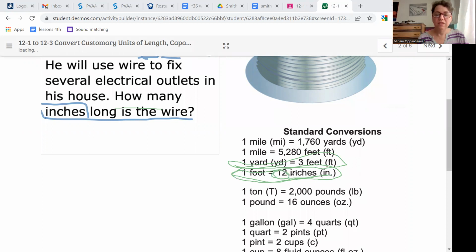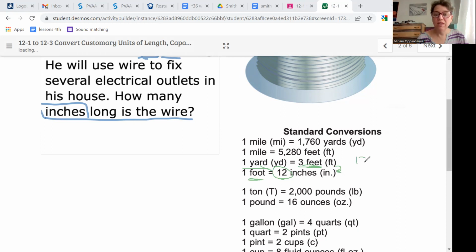So if it's 12 inches in 1 foot and 3 feet is 1 yard, what should we do? We need to make 12 inches be 1 yard. So it's important you know 1 foot and 3 feet, that's the same thing. So 3 feet is 12 inches. No, 1 foot is 12 inches.